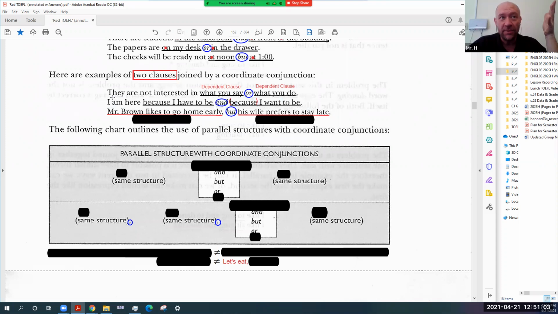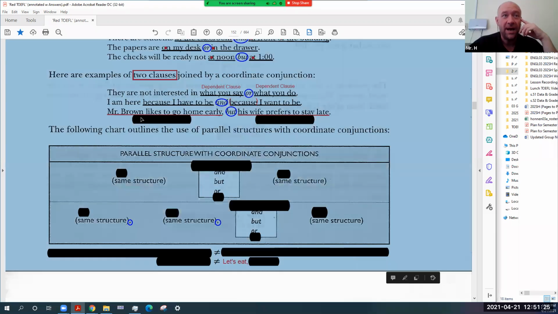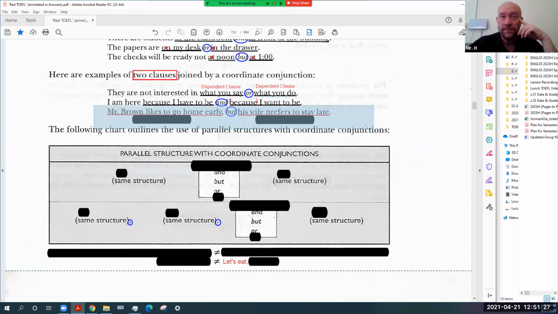It describes the verb. I am here. Why? Because I have to be and because I want to be. Okay. Is it parallel? What do we have here? Connector, subject, verb. And here, the connector, same thing, subject, it's the same thing. So it's parallel.